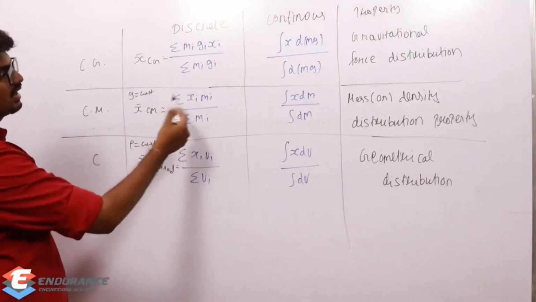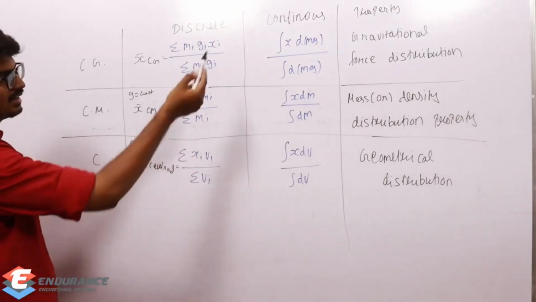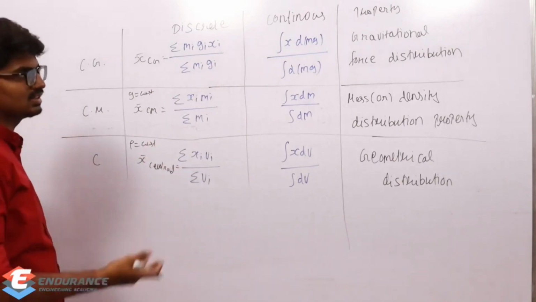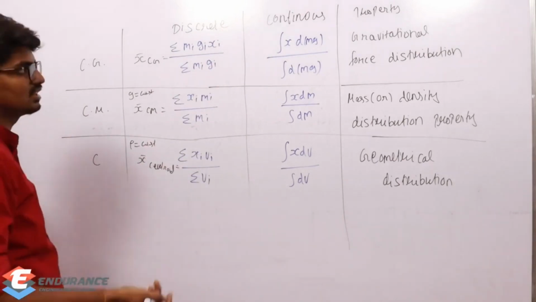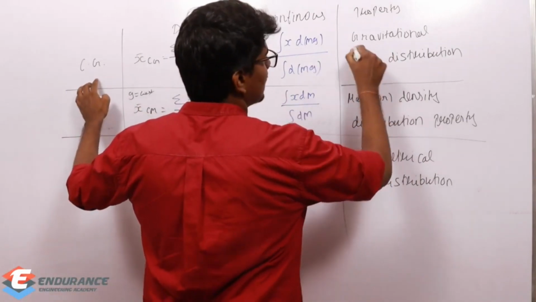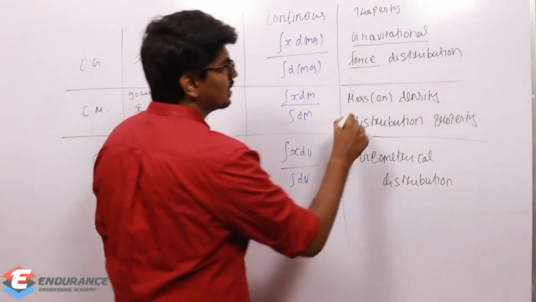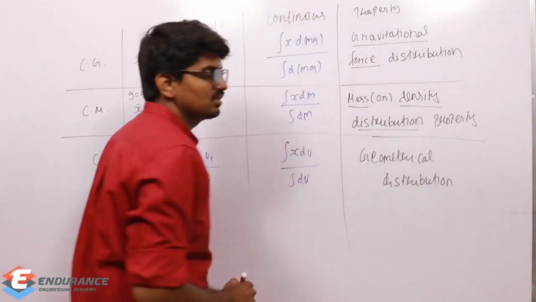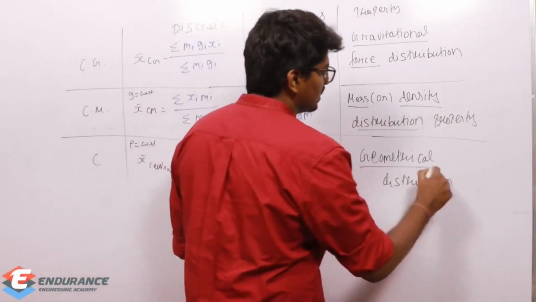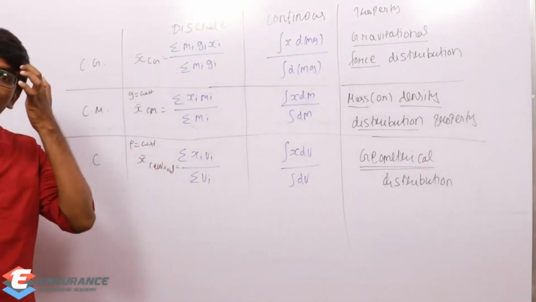So simply summation of x into mi by mi, and summation of x into vi by vi, and for a continuous distribution I will be using integration. Now, property-wise, center of gravity represents gravitational force distribution, center of mass represents mass or density distribution, and last but not least, centroid represents geometrical distribution. So I hope it is clear now.